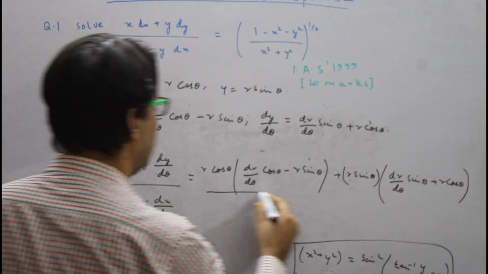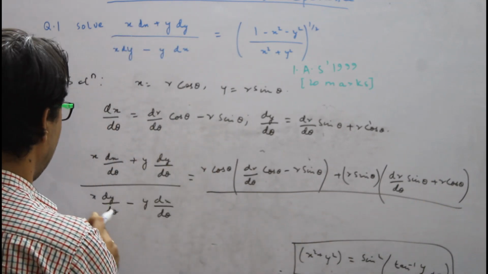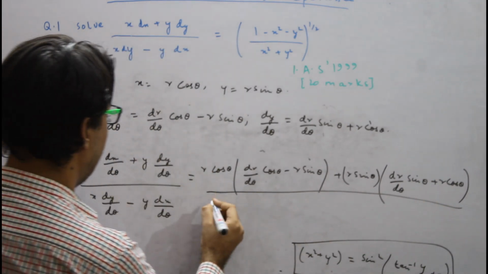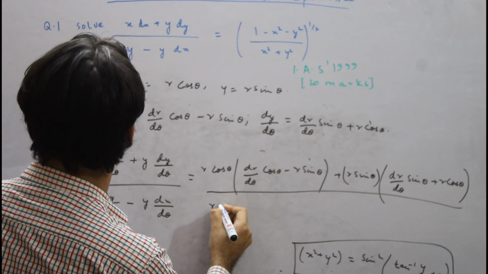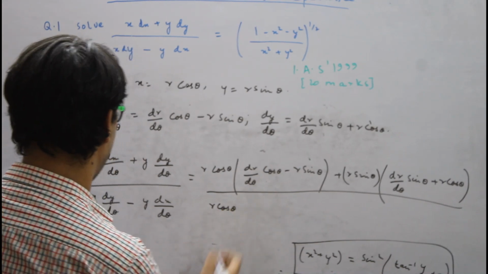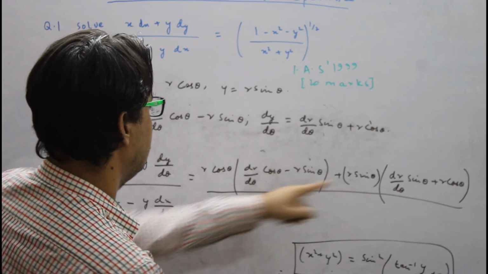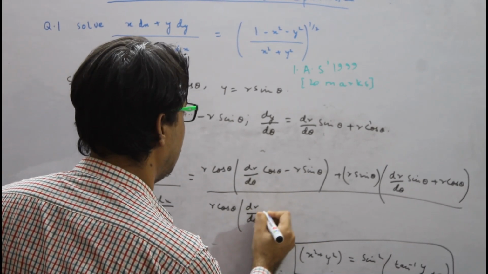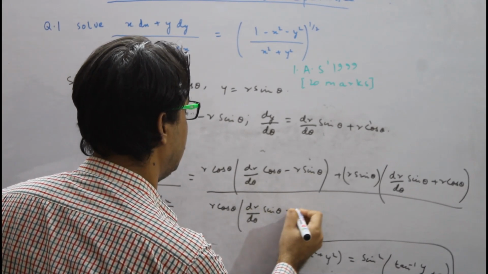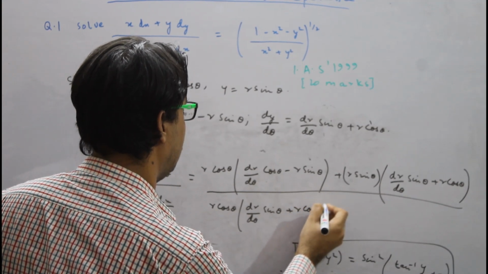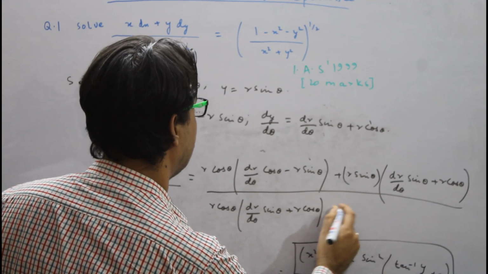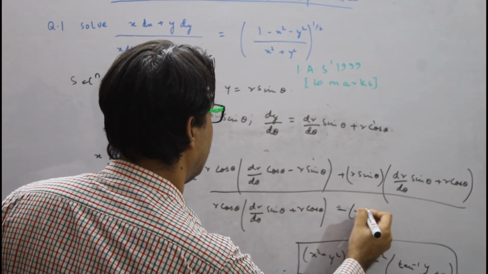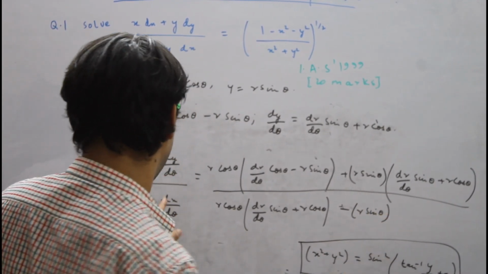Similarly in the denominator we have to just change. Here it is x, so we write r cos theta, and we have dy by d theta, so we can take it from here. That is dr by d theta sin theta plus r cos theta, plus, here it is minus sign, so we write r sin theta dx by d theta.